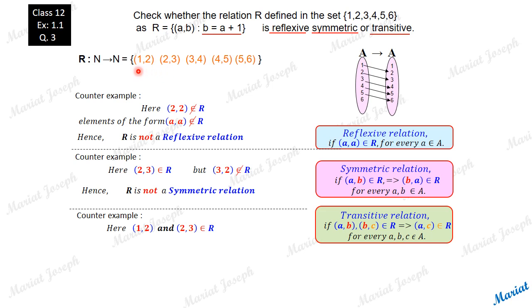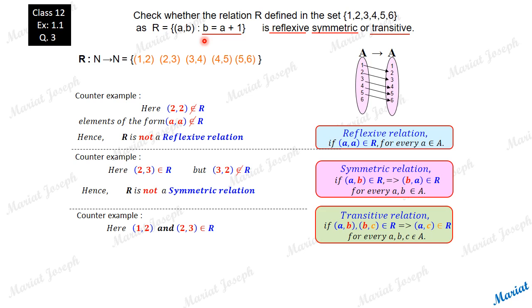But can we find (1, 3)? When (1, 2), (2, 3) are there, (1, 3) should have been there to call it a transitive relation, because the definition says whenever (a, b), (b, c) are there in the relation, the pair (a, c) should also be present in the relation. We can't find (1, 3) in the relation. (1, 3) will not satisfy this condition. a equal to 1, b equal to 3.